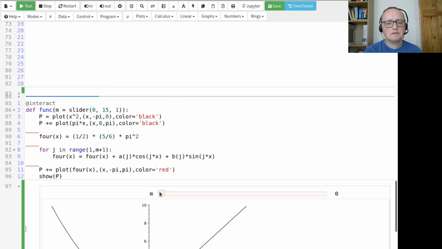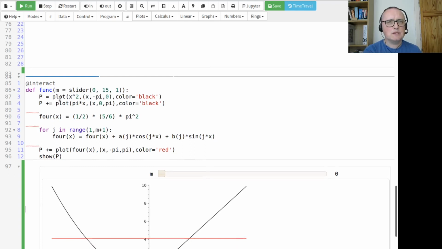The slider allows us to select values between 0 and 15 in increments of 1 for the parameter m. M is going to be the upper limit in the partial sums for these intermediate Fourier series, not the whole infinite series, but just going to the upper limit m.